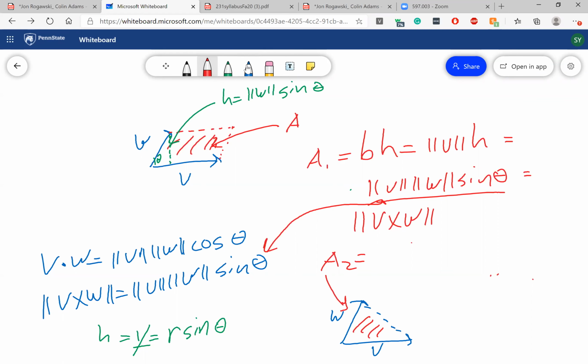So this triangle can be extended to a parallelogram where that's V again, and this is W again. So this is going to be equal 1/2 of the thing above, which is the absolute value of V cross W. So these are the two areas that they would like you to know. And then there's going to be a volume, which we're going to get to in a second.